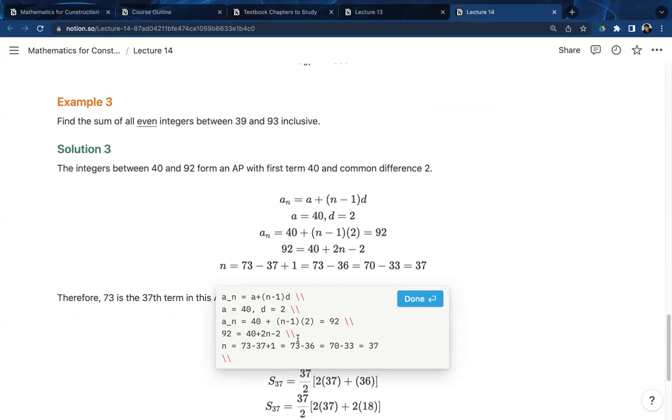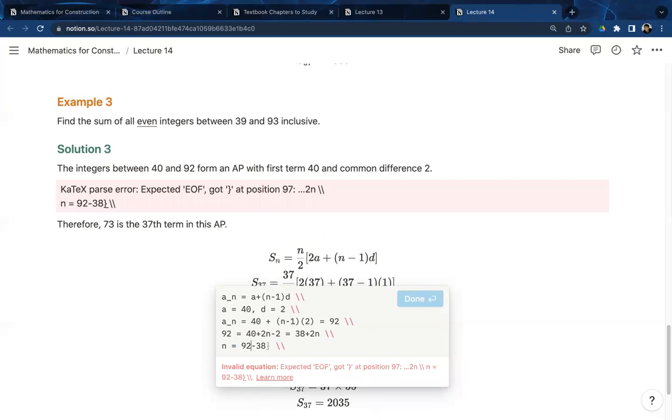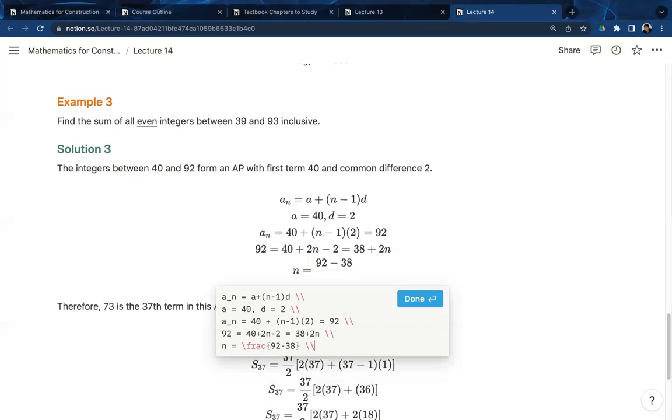Right? This is equal to 38 plus 2n. So n therefore is (92 minus 38) over 2.